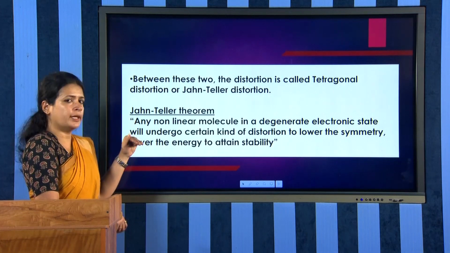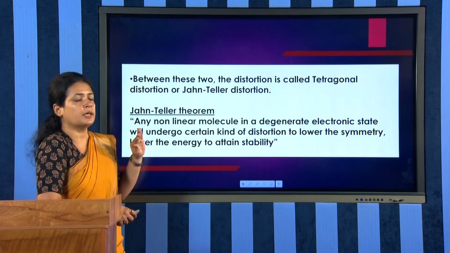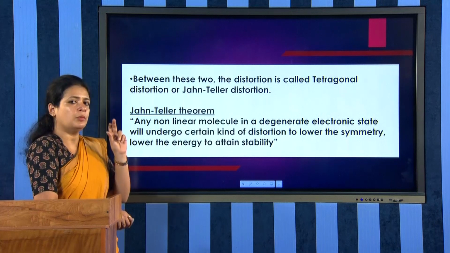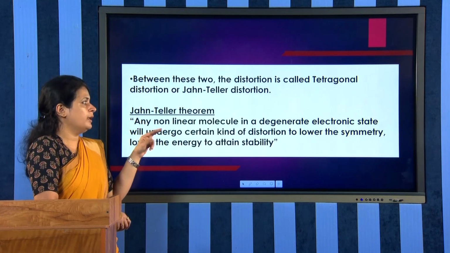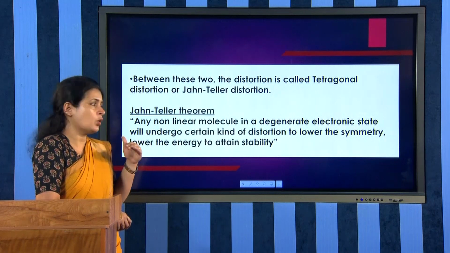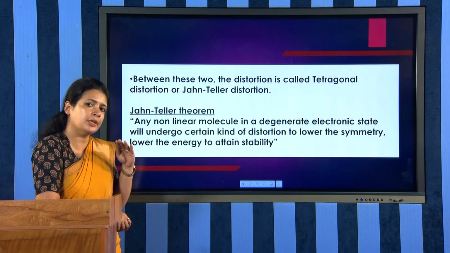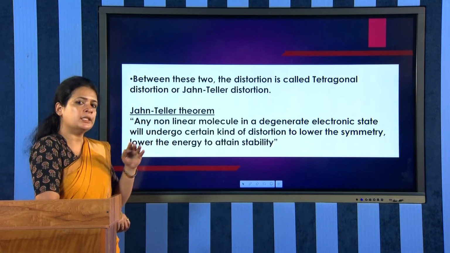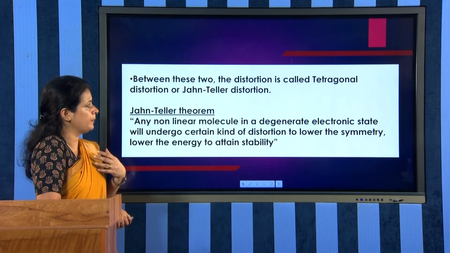So it is concerned with the degenerate electronic state. Any nonlinear molecule with a degenerate electronic state will undergo some kind of distortion. Why does it undergo distortion? To lower the symmetry, lower the energy, that is to attain stability. That is all about the Jahn-Teller theorem.